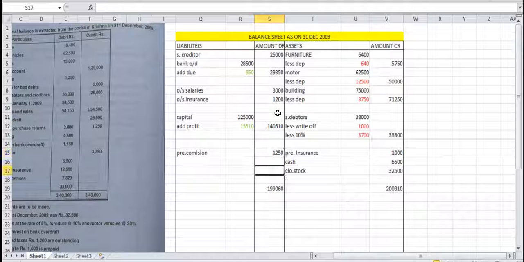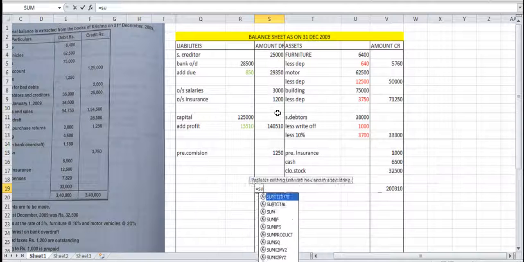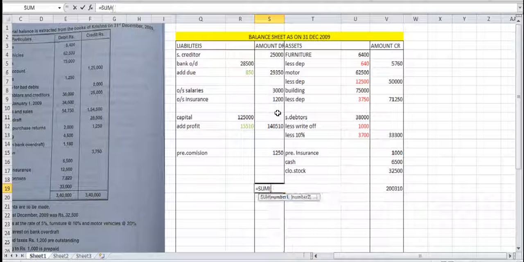So now add all the entries. Here you will get the same amount.